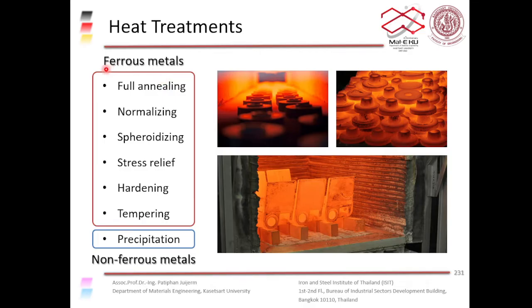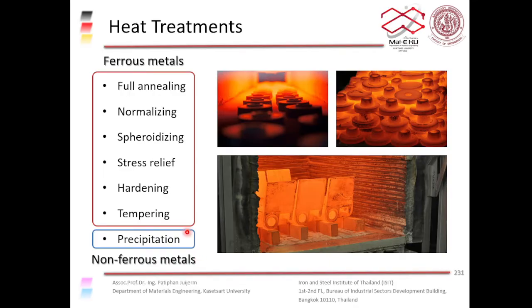So for ferrous metals, we have steels and cast iron, and usually the heat treatment can be applied to both steels and cast iron, and also to non-ferrous metals as well. Okay, some of these processes are specific to steels.